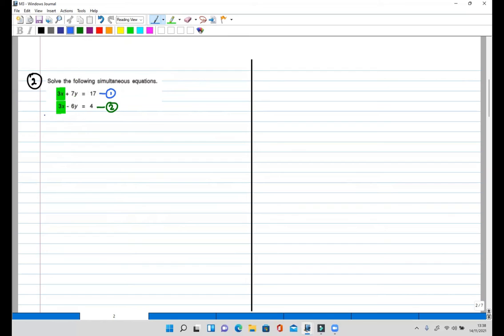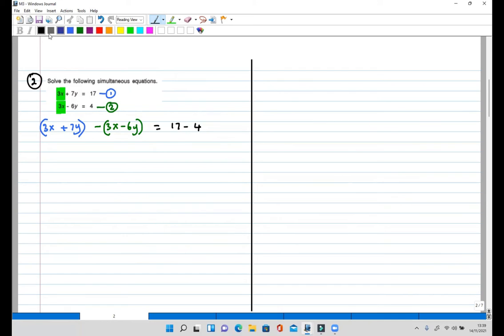Now we are going to have it as 3x plus 7y minus 3x minus 6y is equal to 17 minus 4.